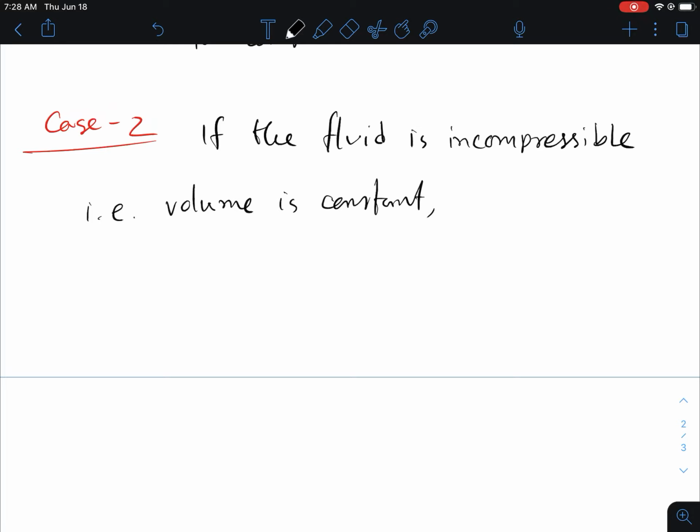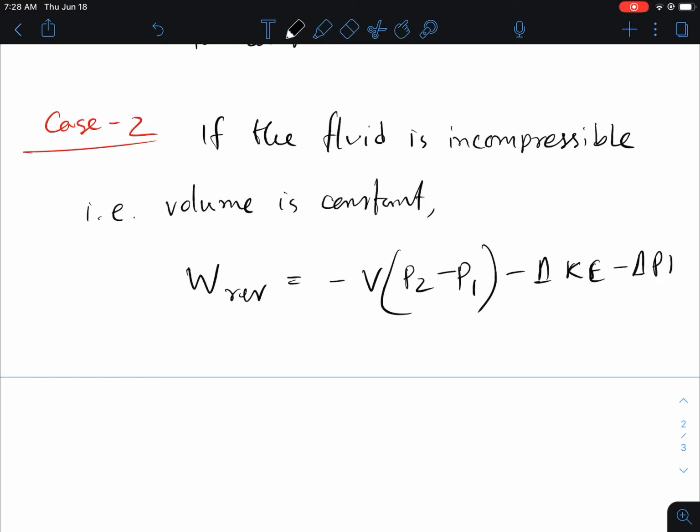In that case, the reversible work equals minus v times (P2 minus P1), minus delta KE, minus delta PE.